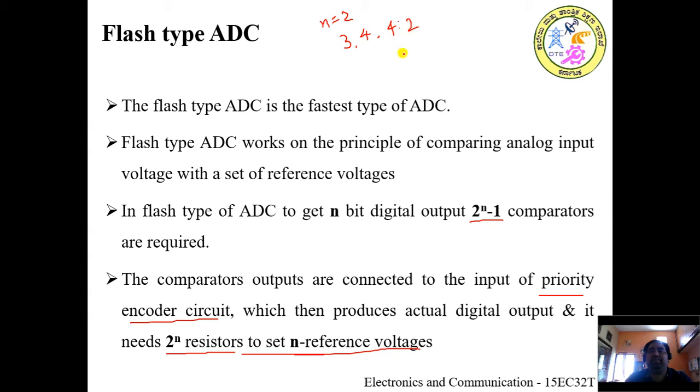Similarly, if you substitute n equal to 3 for a 3-bit flash type of ADC, then we need 2 to the power of 3 minus 1, that is we need 7 comparators, and we need 8 resistors in the voltage divider circuit to set the reference voltages, and we need an 8:3 priority encoder.